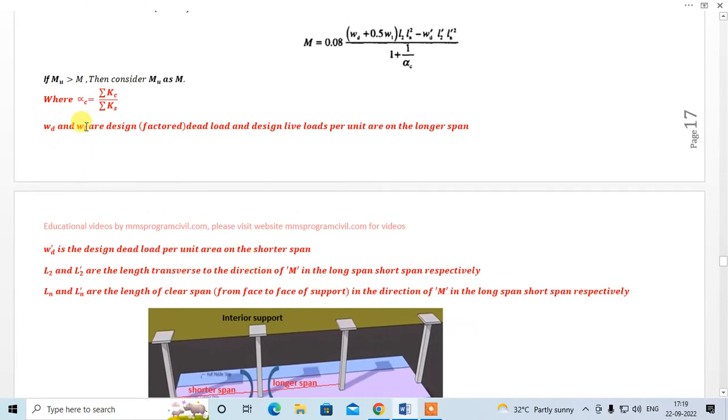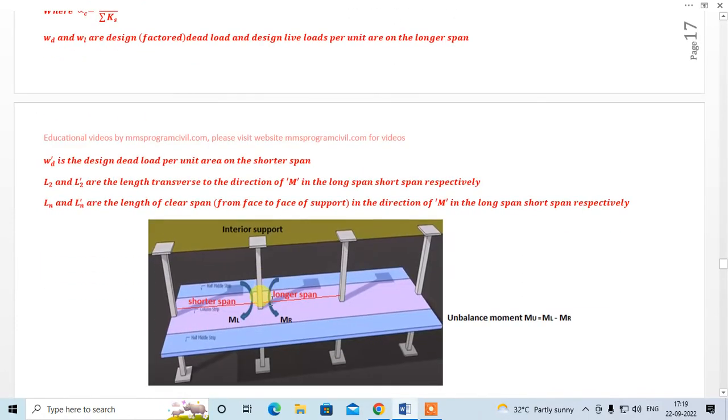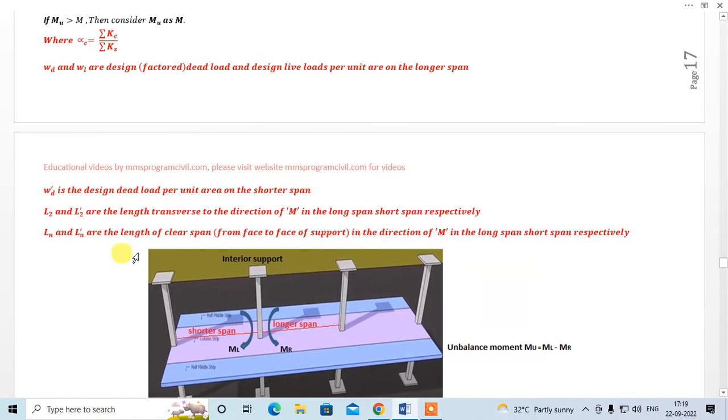Here WD and WL are the design dead load and design live load on the longer span, right? W dash D is the dead load on the shorter span. Ln is the clear span between the columns for the longer span. L dash n is the clear span between the columns for the shorter span, right?